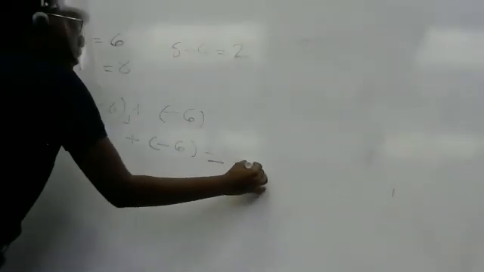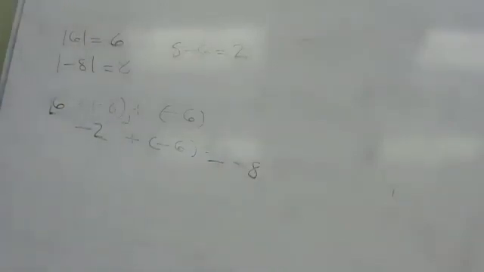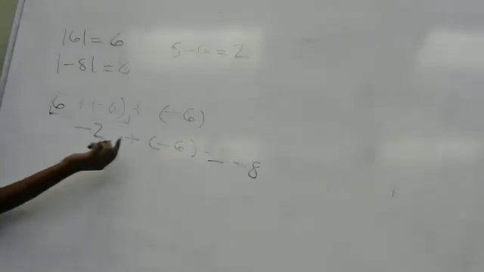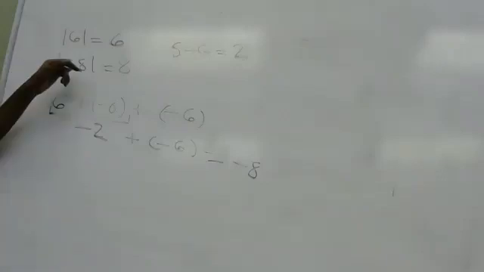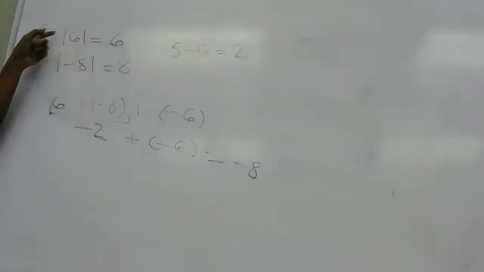Why am I making it negative? Because the larger number is -6, and because they're both negative. For the previous one, there were different signs for the 6 and 8.